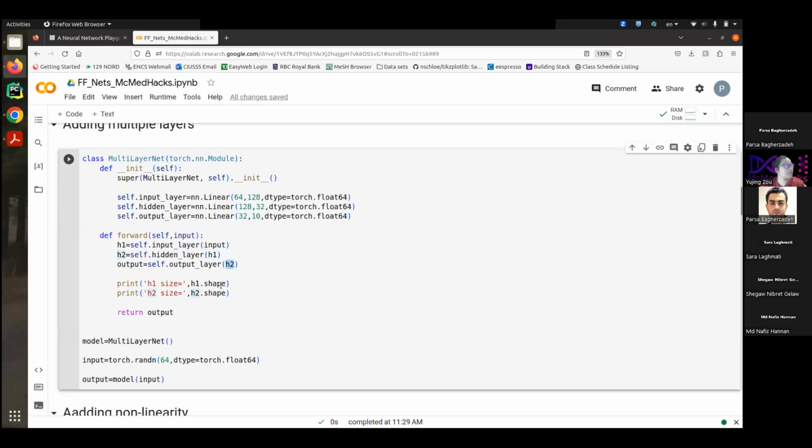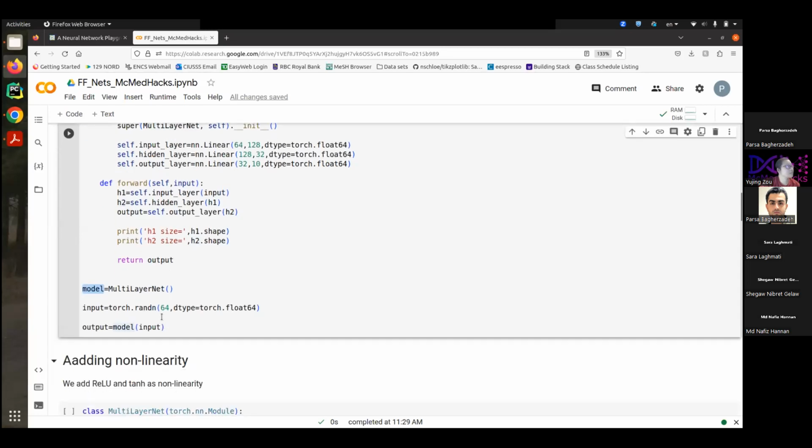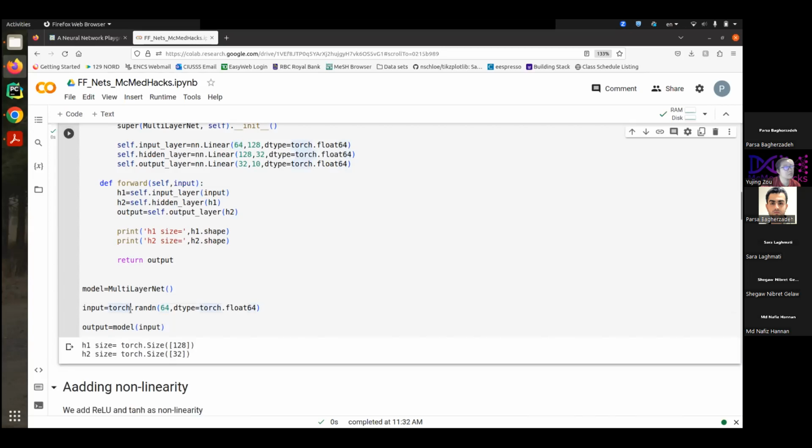Here, I can also print the size and the shape of these hidden representations. So I'm making an object of my model from the multi-layer net. Again, I have a random input of 64. My network expects an input of 64. Then I have an output. If I run this, you see that the hidden size for H1 is 128 as I intended.